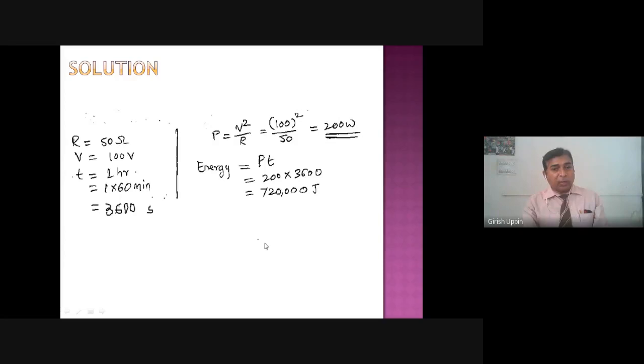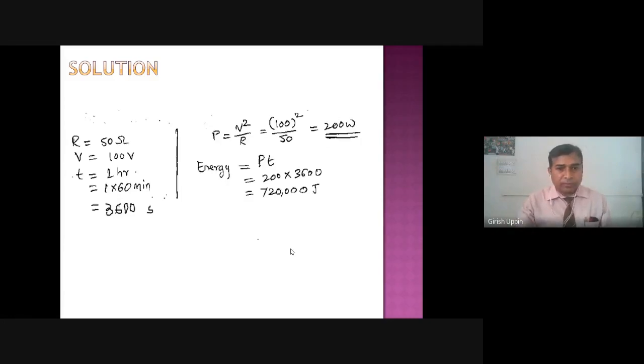So 200 divided by 1000 will become 0.2, and the unit is kilowatt hour. Whatever the form you are representing the answer, all are right as long as you write the unit properly. Unit is very, very important.